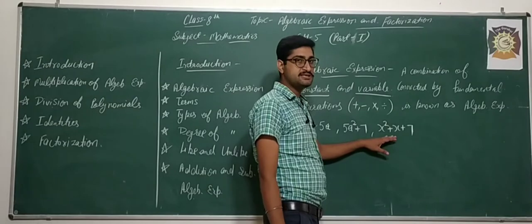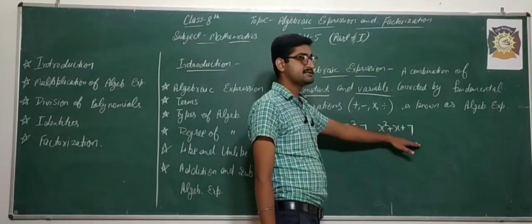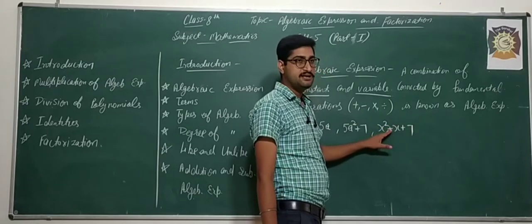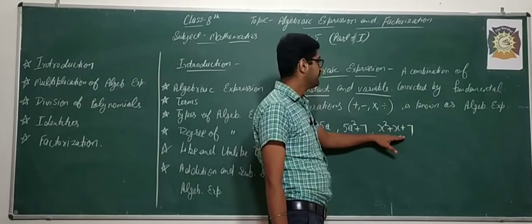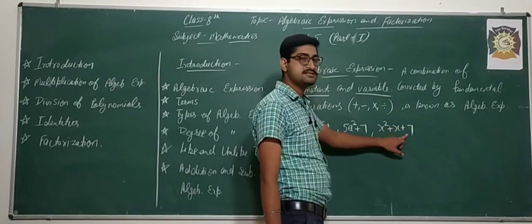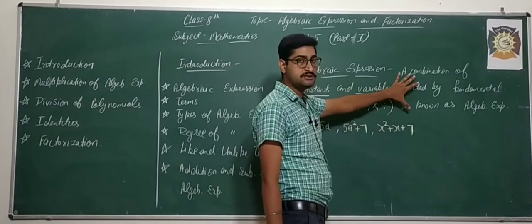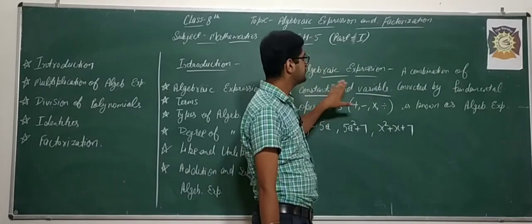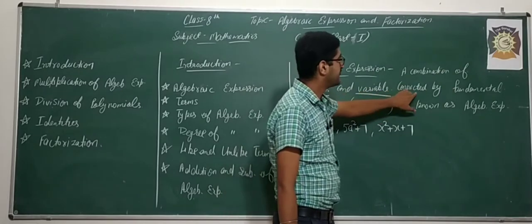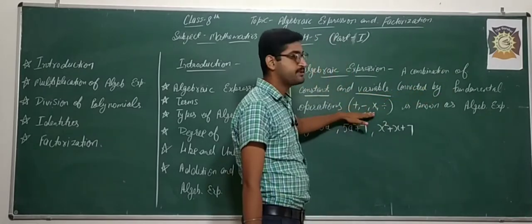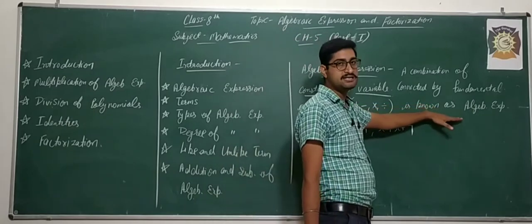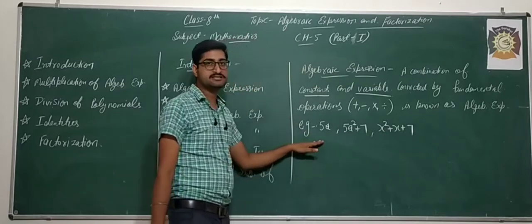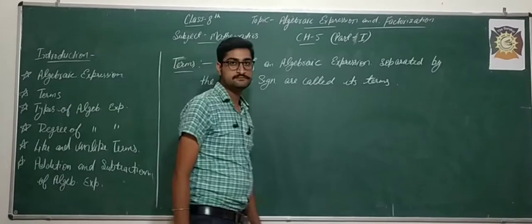Here three terms are there: x square, x and 7. 7 is constant, x is variable, and these are connected with each other by the plus sign. So by the definition, now it's clear that a combination of the constants and variable connected by fundamental operations is known as algebraic expressions. So these are the examples of algebraic expressions.